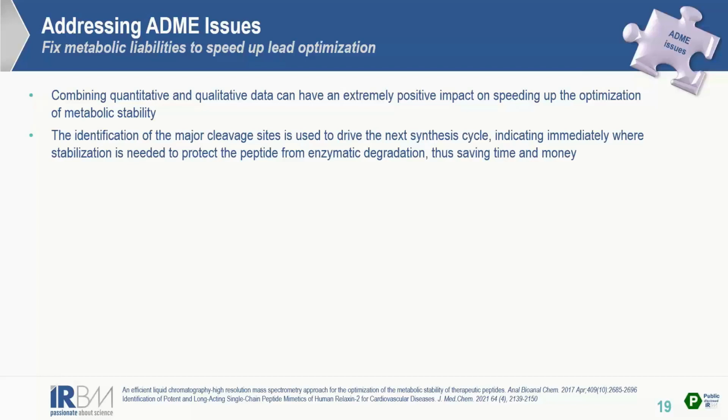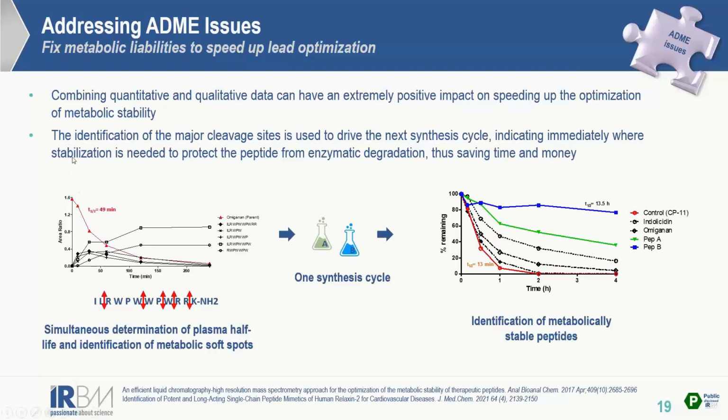High-resolution MS data were simultaneously acquired both in positive full scan and MS/MS acquisition mode, and then processed to allow simultaneous determination of plasma half-life and identification of the major metabolic cleavage sites.